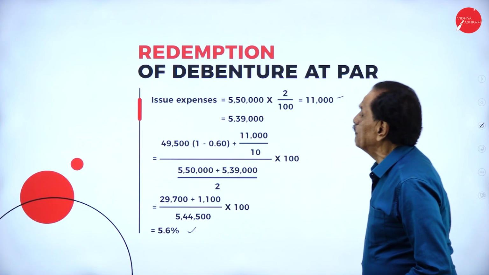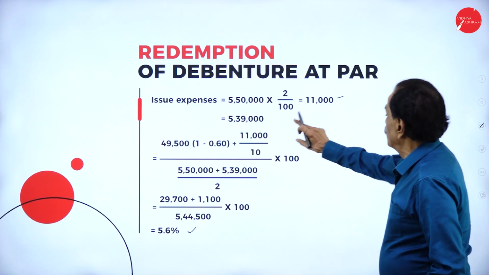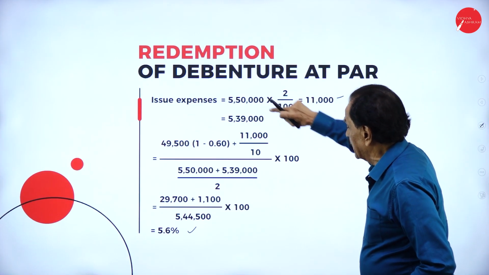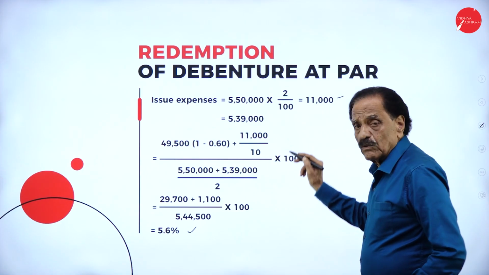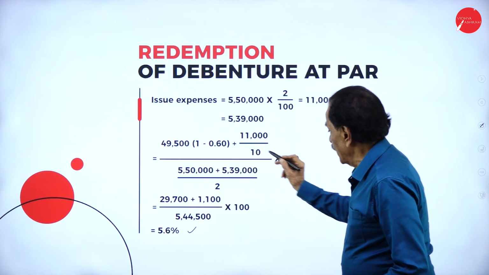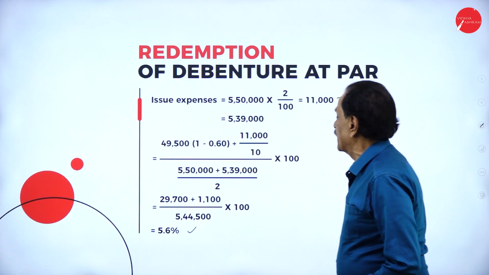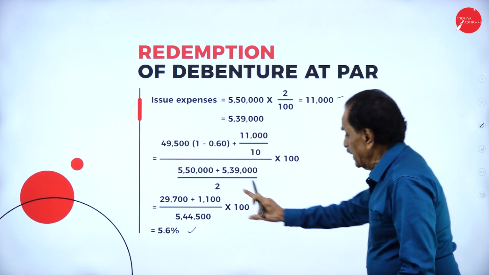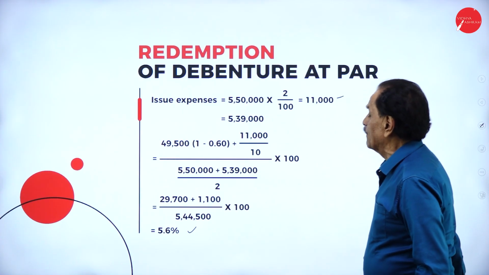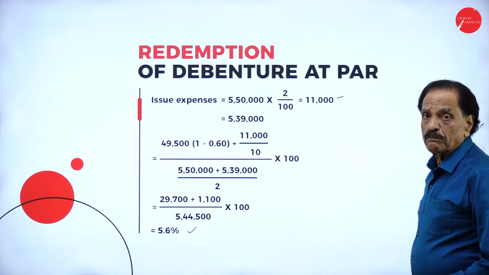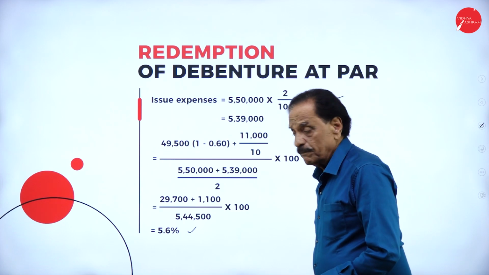It works out 5.6%. With 2% issue expense, deduct: 5 lakh 39,000. 49,500 into 1 minus T, 11,000 divided by 10, into 100, 5 lakh 50 plus 5 lakh 39 divided by 2. It works out 5.6 percentage.